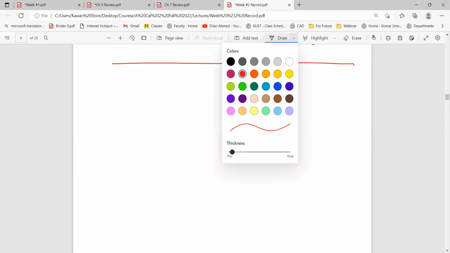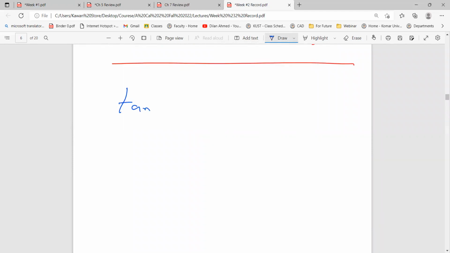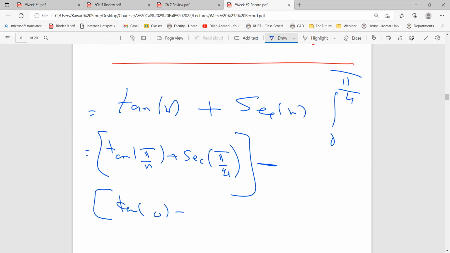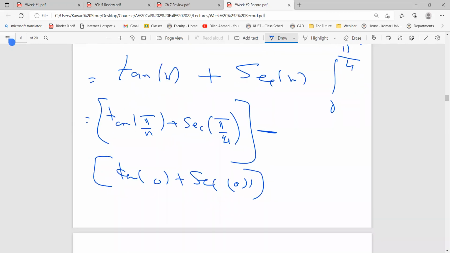Look at here, we can substitute the boundaries like that. We got tan of x plus secant of x. You can substitute separately or together, the same. So it is equal to tan of the first plus secant of the first minus tan plus secant of the second, and you'll get the same.